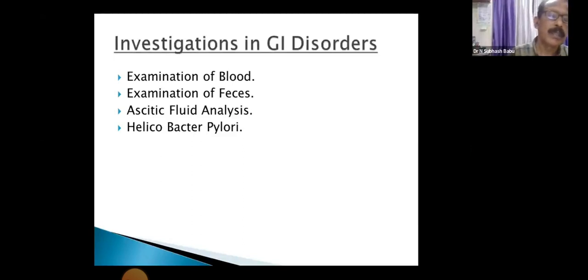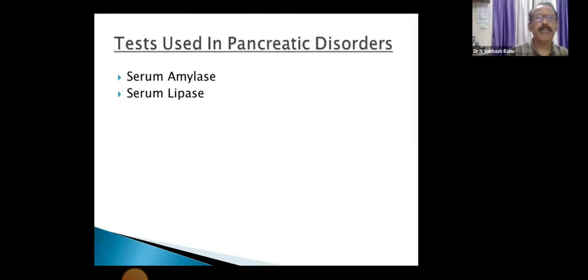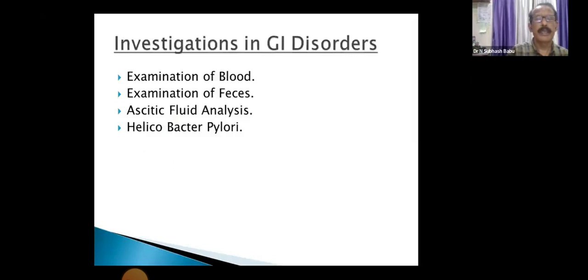In investigation of gastrointestinal disorders, commonly the hematological parameters also we can make use of, regarding the Hb and the TC, the DC, and all. That also we can utilize.